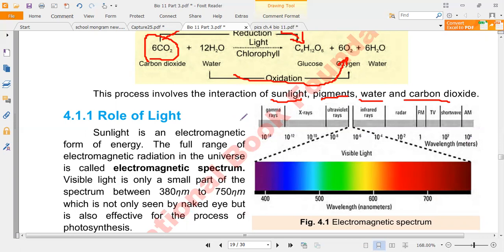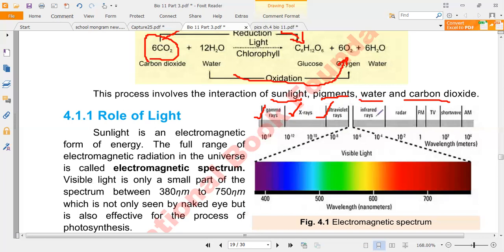All of that together is called the electromagnetic spectrum, in which we have gamma rays and X-rays. We know that we use them for different types of treatments and diagnosis in the medical field. Ultraviolet radiations are said to be ionizing radiations.